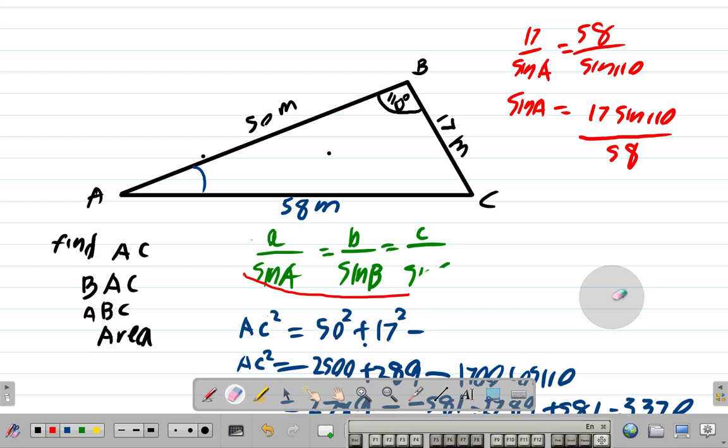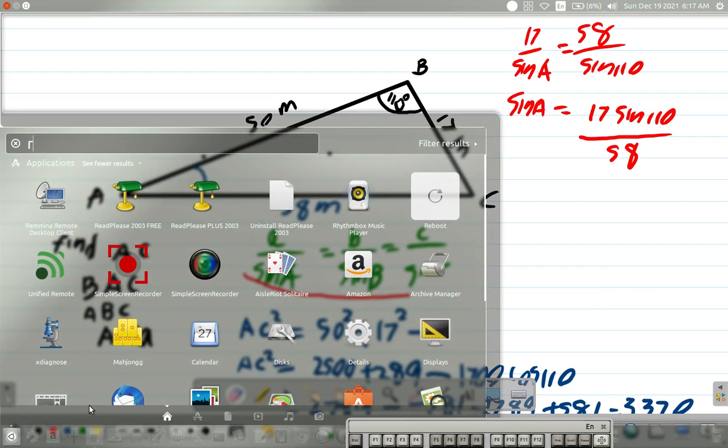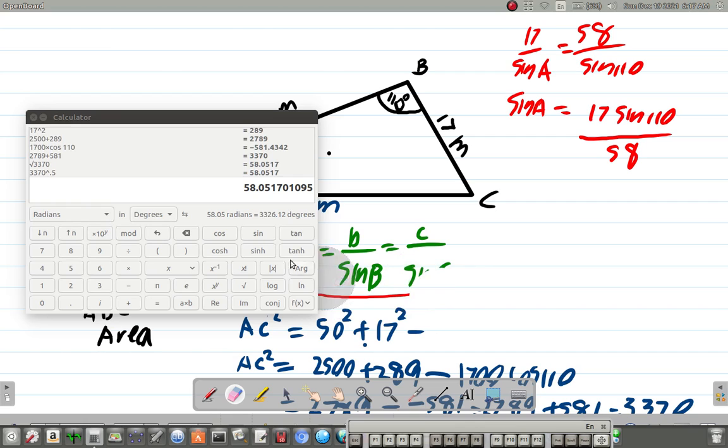So here now, let's go back to our calculator. What we have is 17 times, and remember, you have to be careful to make sure your mode is in degrees.